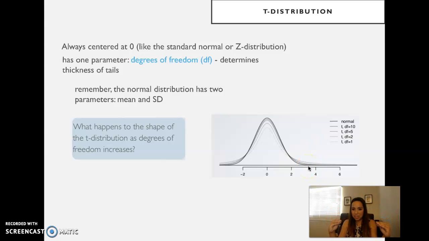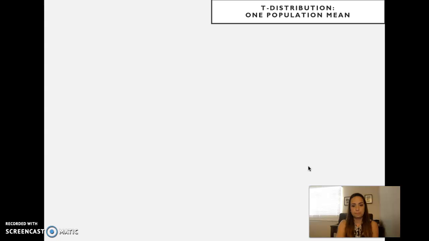And if you have enough degrees of freedom, your t-distribution will look a lot like the z-distribution, which makes sense because we use the t-distribution when we have a smaller sample size. If we have a big sample size, we might as well use the z because the t and the z will provide us with the same results. So it approaches the normal distribution as the degrees of freedom increase.